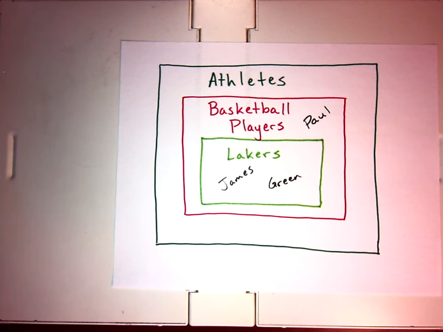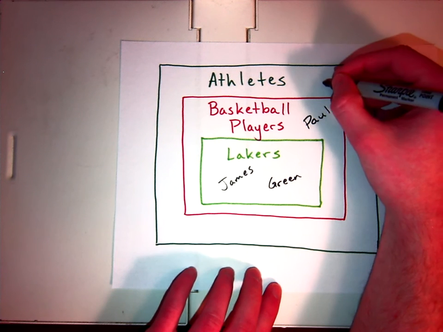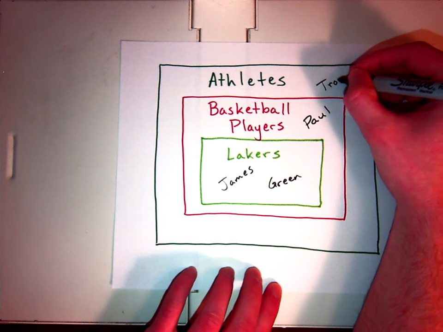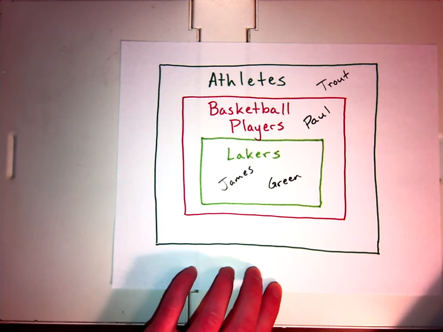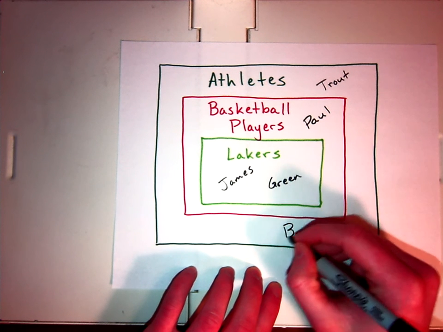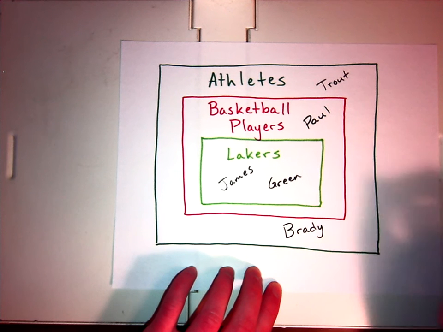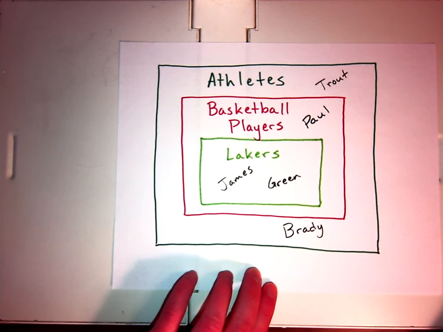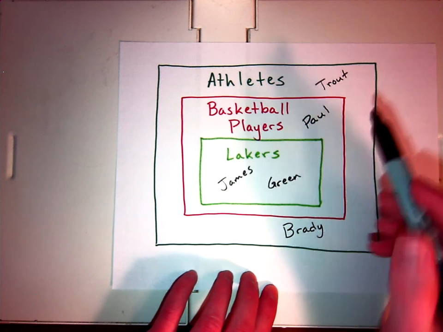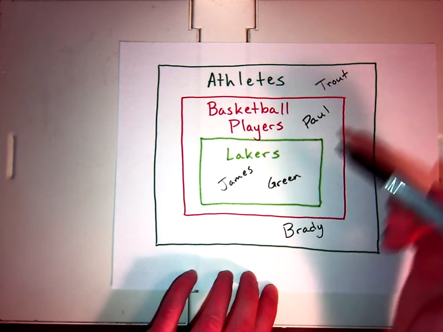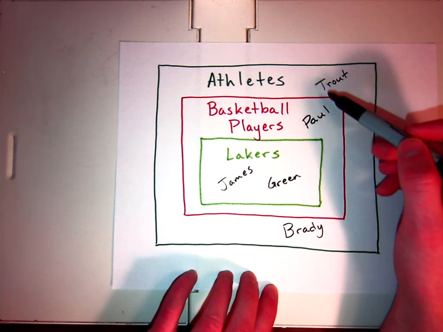LeBron James is certainly an athlete, but not all athletes are LeBron James. There's Mike Trout as a baseball player, and Tom Brady, who just signed with the Buccaneers.